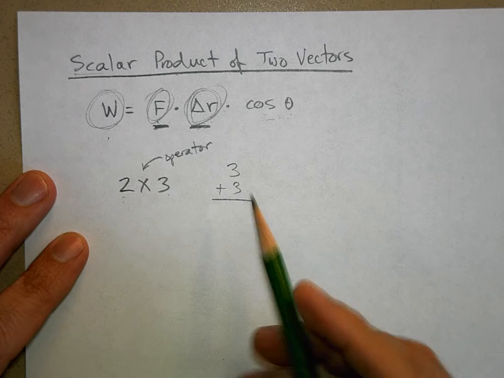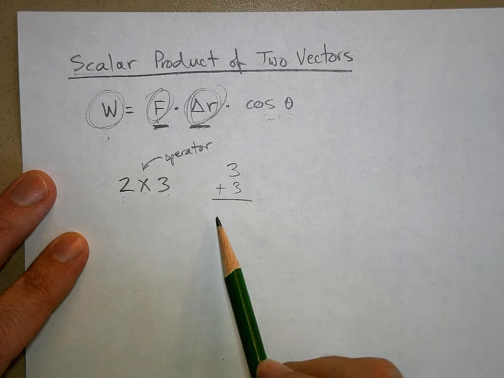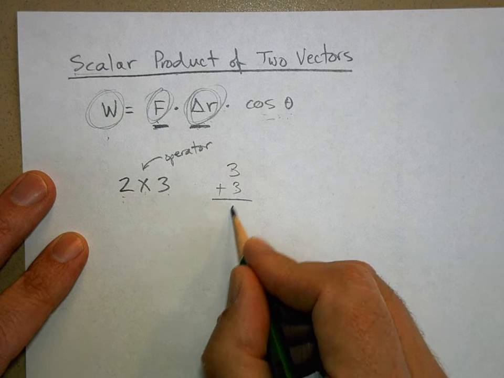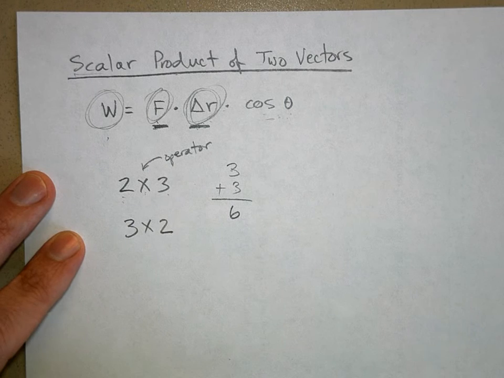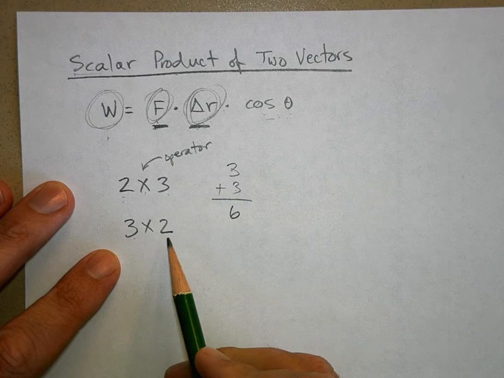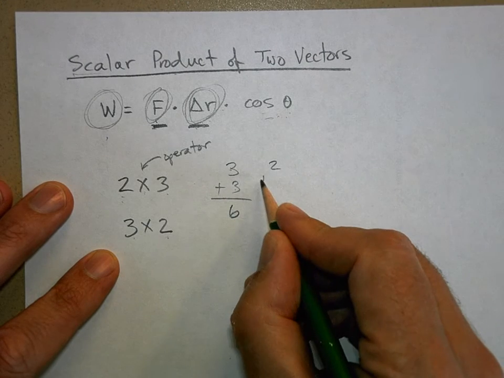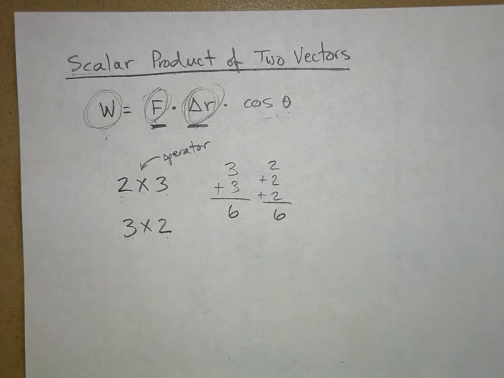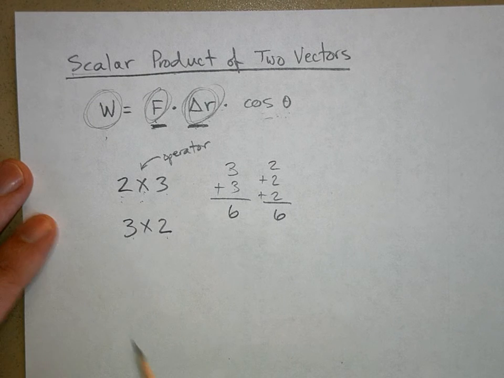And then, of course, now we've turned this operator into another operator, the addition operator, which we talked about before. But you just go 1, 2, 3, 4, 5, 6. Well, what about 3 times 2? Well, that just says, hey, add up 2 3 times. So you go 2 plus 2 plus 2, and of course that's also equal to 6.